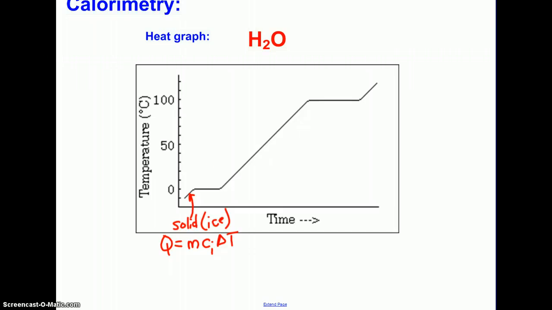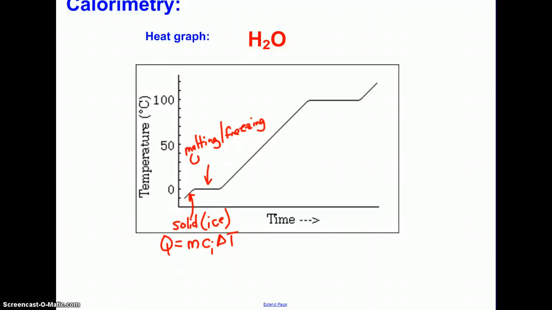We have our next process here. Here our H2O is in the process of melting, if we're on our way up the heat graph, or freezing if you're on the way down the heat graph. Since there's no change in temperature, this is a phase change.